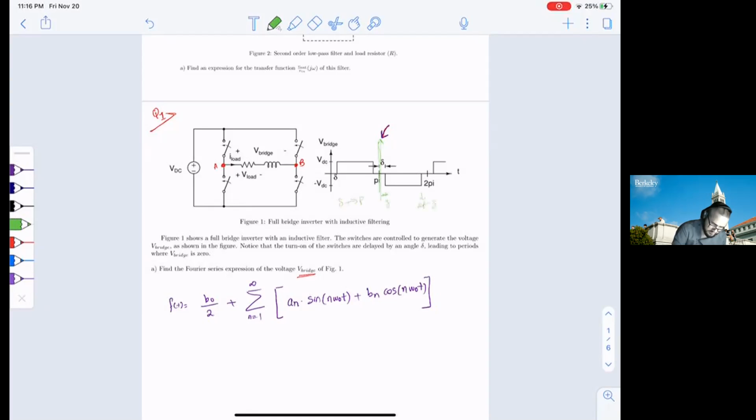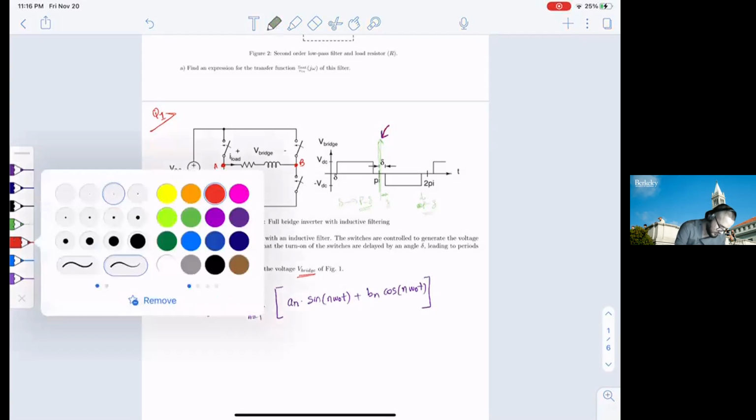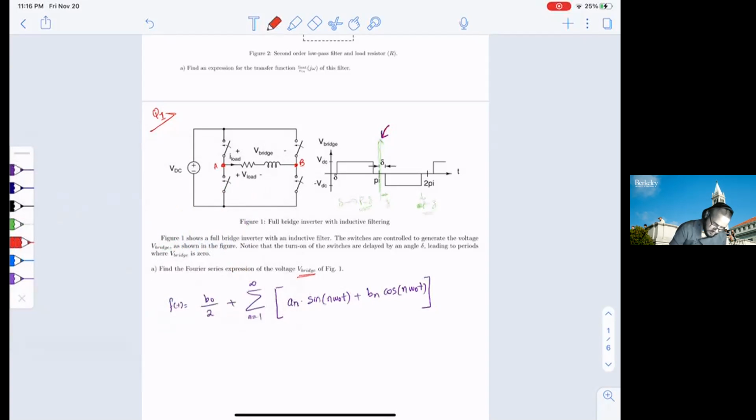So this is also pi minus p, and at 2 pi, since we start from pi, we just replace with 3. You see they're both mirrored and flipped, so we know that it's an odd function. When it's an odd function, we know that the cosine is an even function, so it doesn't have any cosine terms. So that is equal to 0.